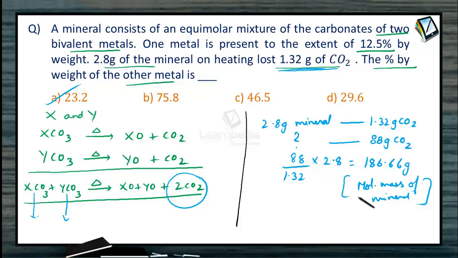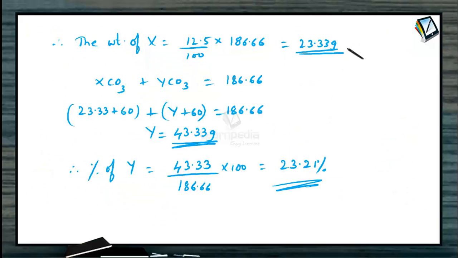After that, from the value of the one metal present to an extent of 12.5%, we could calculate the mass of X exactly, that is 23.33 grams. And as we know, this 186.66 is the total molecular mass of the entire mineral, which is XCO3 plus YCO3. As this value is just calculated here, and we already know the molecular mass for carbonate, we substitute here, get the mass of Y, and then finally calculate the percentage of Y.